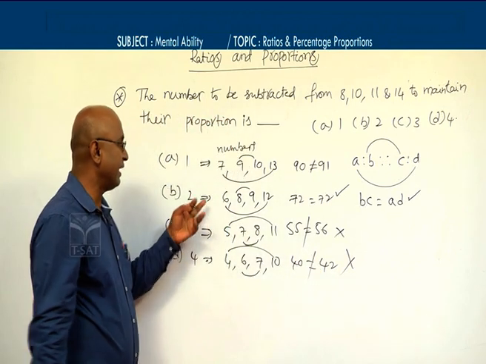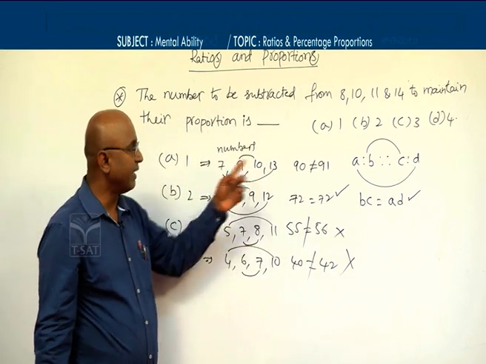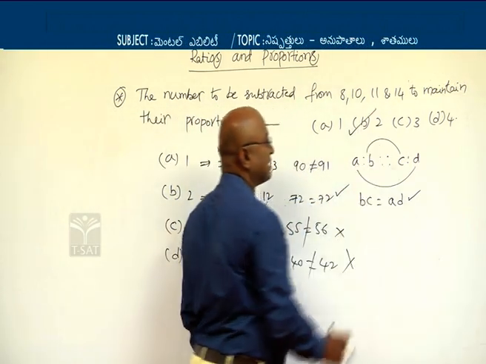So the number that keeps them in proportion is option B, 2, which is the answer.